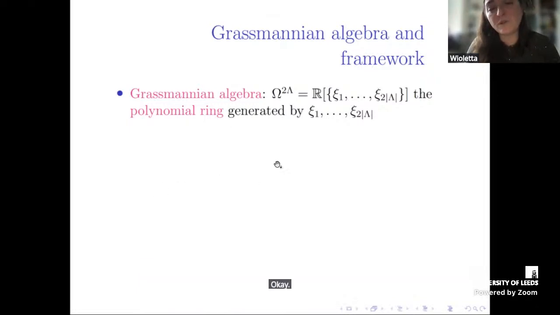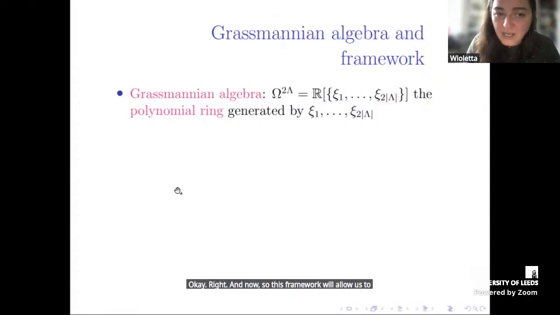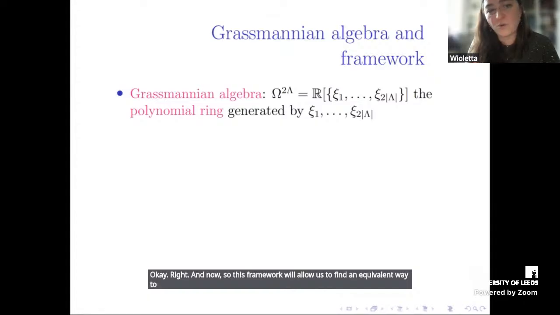Right. Now this framework will allow us to find an equivalent way to express those cumulants or k-point correlation functions, and then get a bit more physical information about them. All right. Remember, lambda will always be a subset of Z^d in our case.